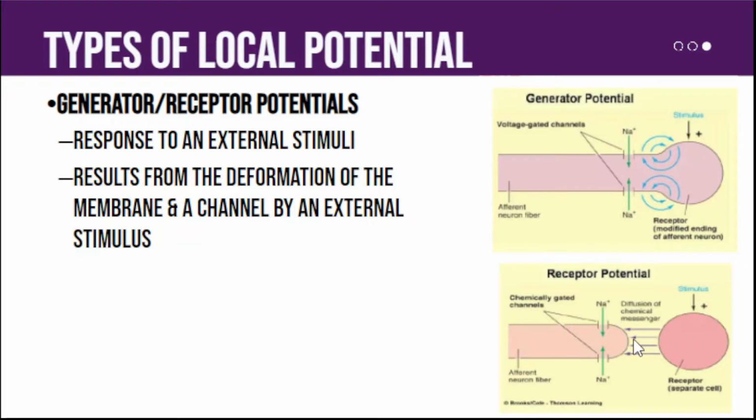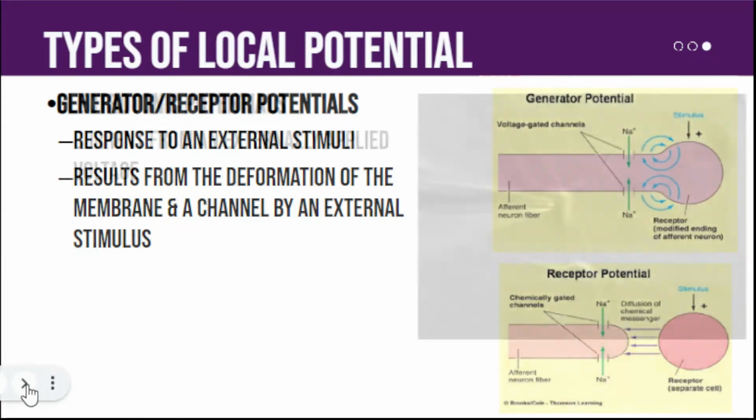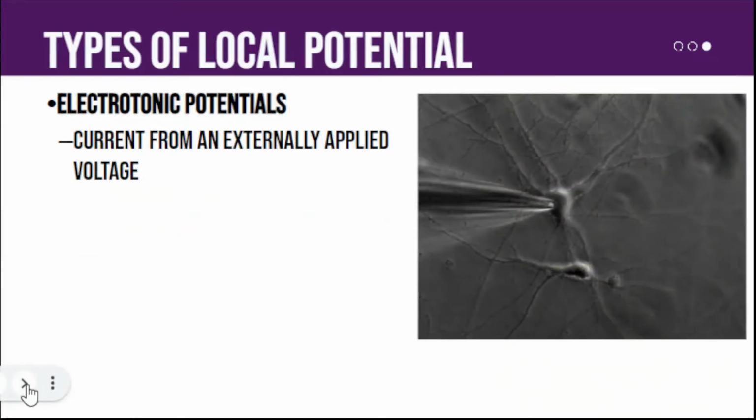Magsisend siya ng chemical messengers papunta doon sa ating sensory neuron. Okay? That's what happens for a generator and receptor potential. And lastly, we have your electrotonic potentials. These are stimulus from an externally applied voltage at isasubject nila yung mga na-harvest nila na nerves under electrotonic potentials.